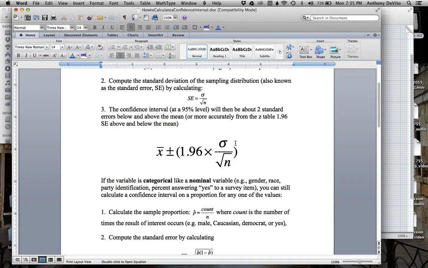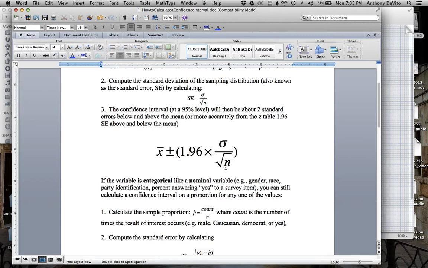So my confidence interval would be 80 to 120. Although the sample mean I predicted is around 100, I don't really know how accurate that is, but based on what I understand about the population standard deviation and my calculation for the standard error, I can say with 95% certainty that the true population mean is between 80 and 120.